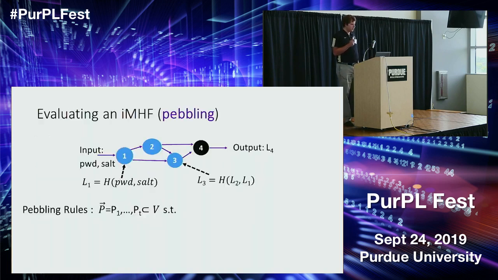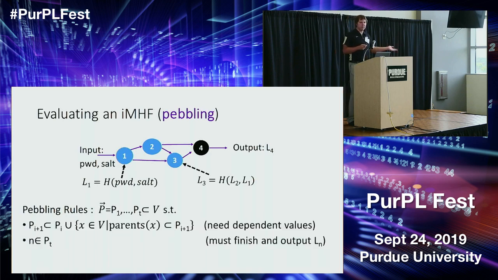With this abstraction, we can actually forget about random oracles and just talk about evaluating a memory hard function as a pebbling game. Here, placing a pebble on a node means that you've computed that value and stored it in memory. Removing a pebble from a node means that you've freed that corresponding data label from memory.